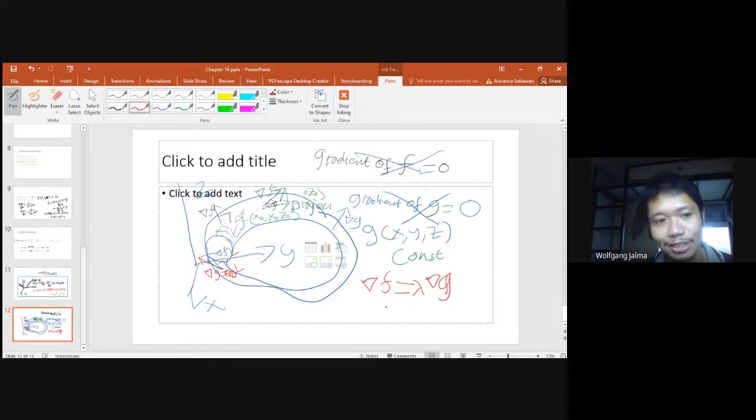That's basically how the Lagrange multiplier comes from. So the gradient of the function and the gradient of the constraint must follow the same direction when the gradient of the function is normal to the constraint.